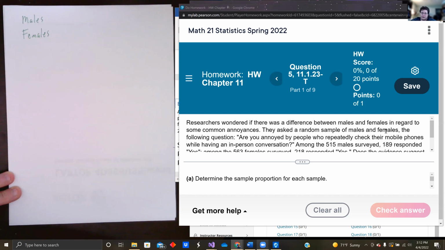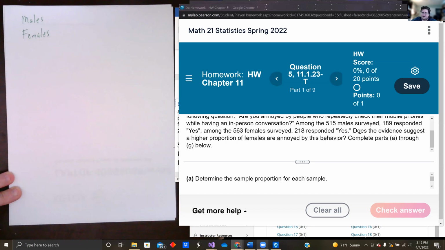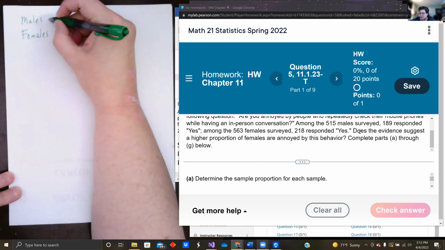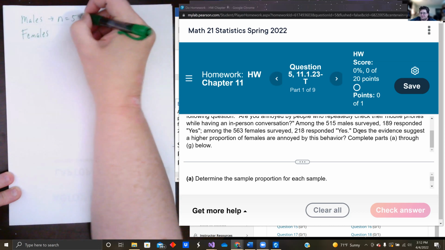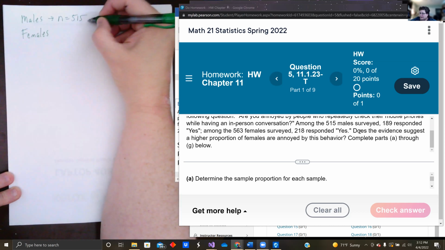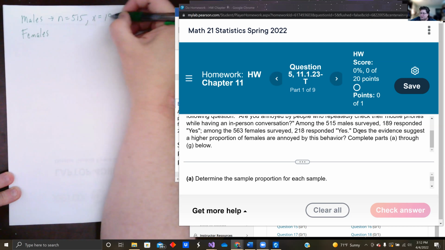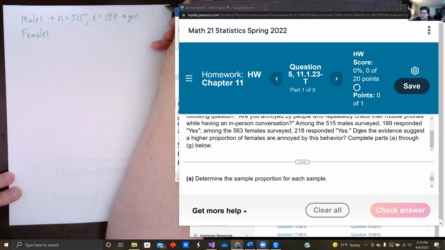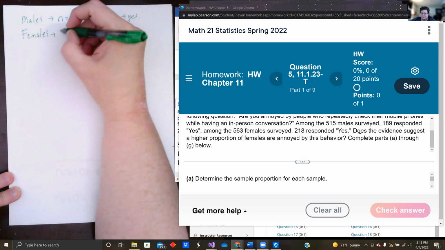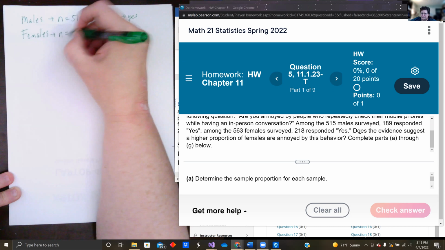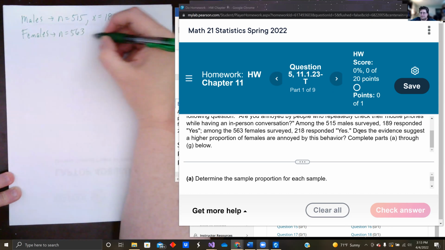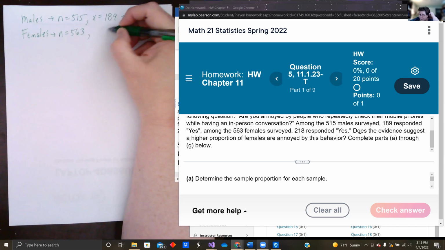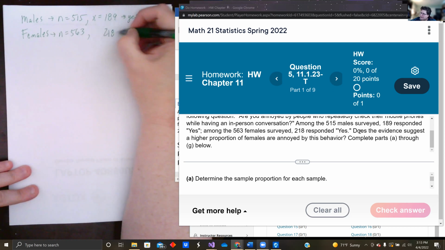They asked them the following question. Among the 515 males, so n was 515 for the males, 189, which will be our x, said yes. And we look at our females and we've got n equals 563, the number of people surveyed, and the number of people that responded yes, 218, that must be our x.